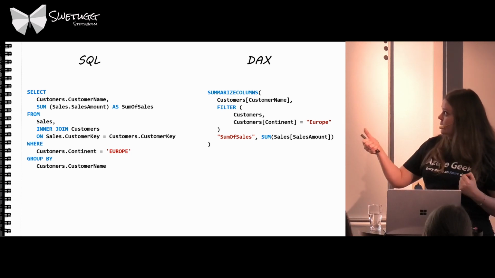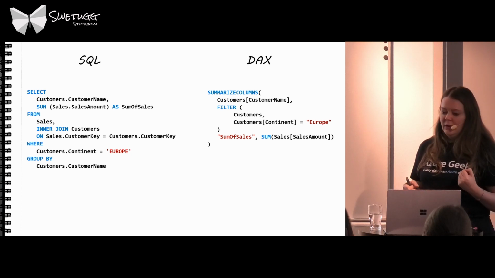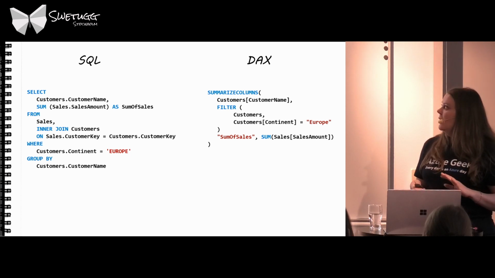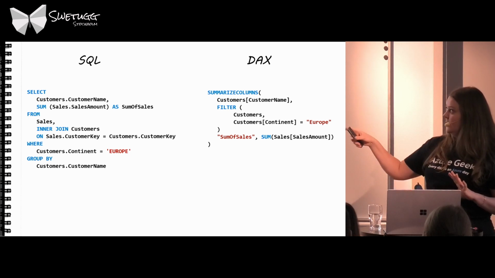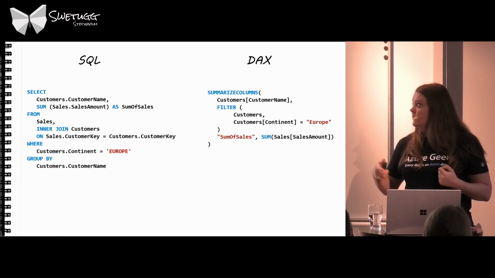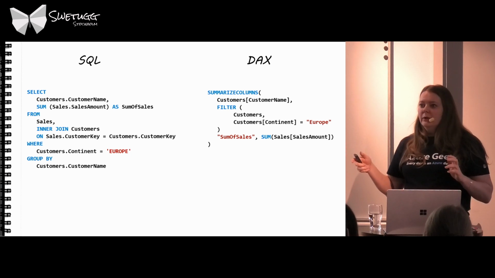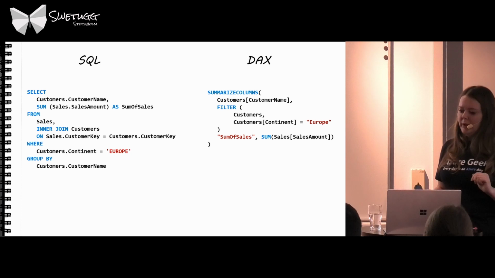For example, if we compare it to SQL, SQL is a declarative language. I don't care how the engine will execute this; I just declare the set of data I want to get back, and I don't worry how to do it. The engine will create a query plan, execute it, and so on.